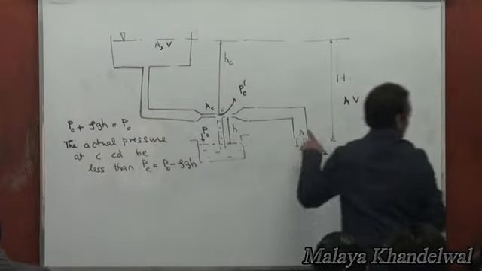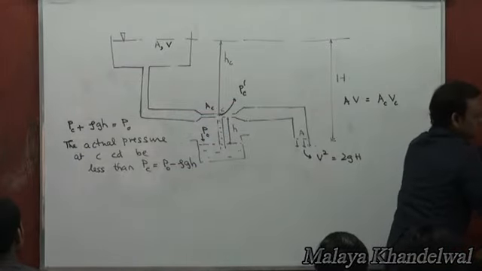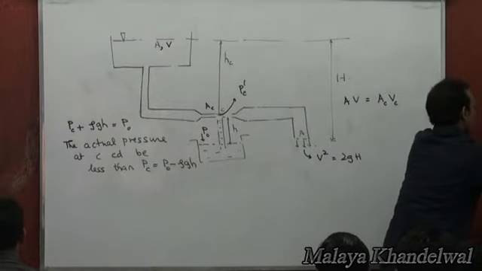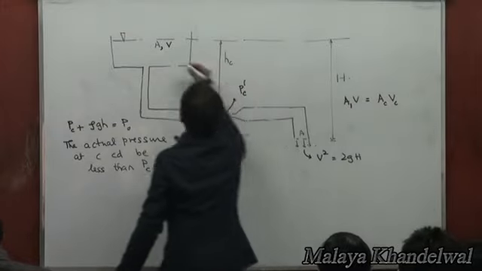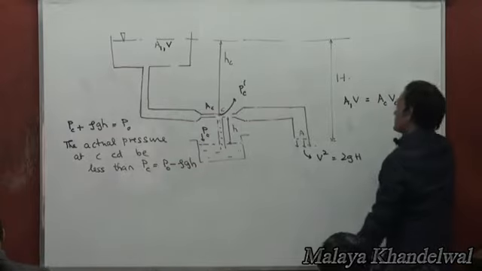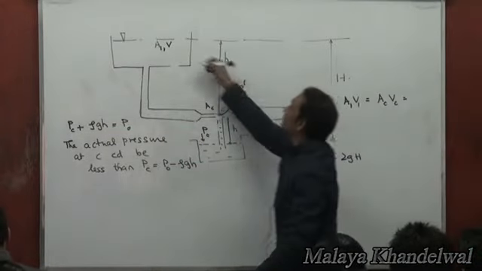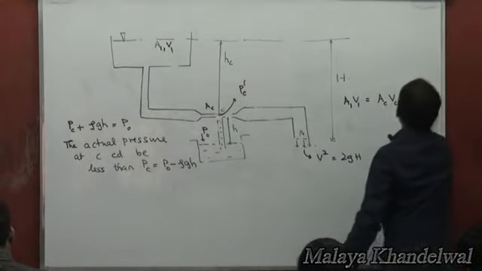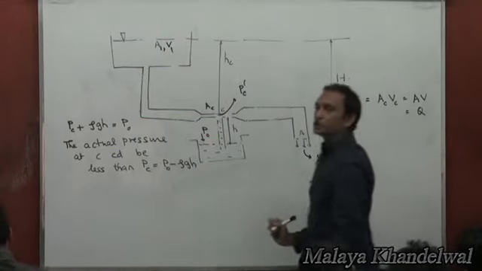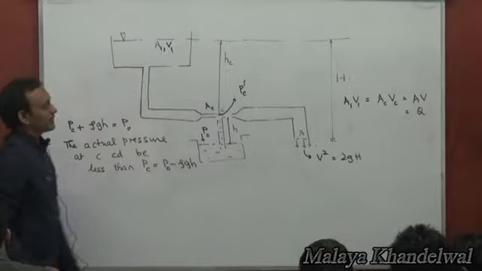Or let's call this A1 and the velocity V1, so A into V, each is equal to the volume flow rate. Continuity equation, right?